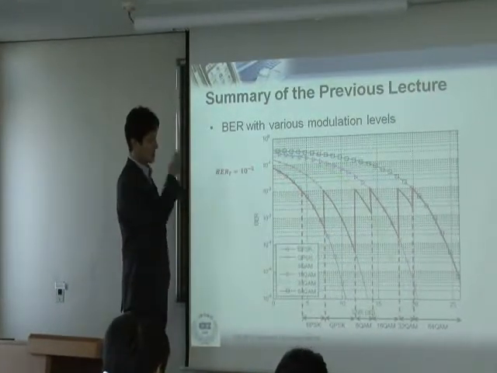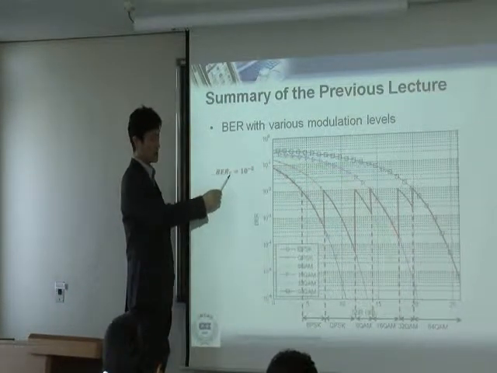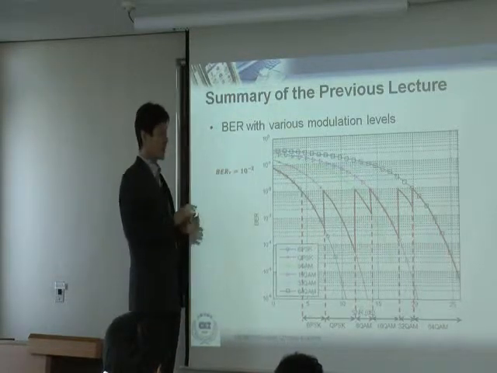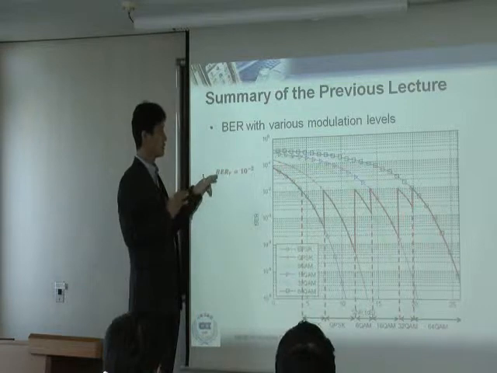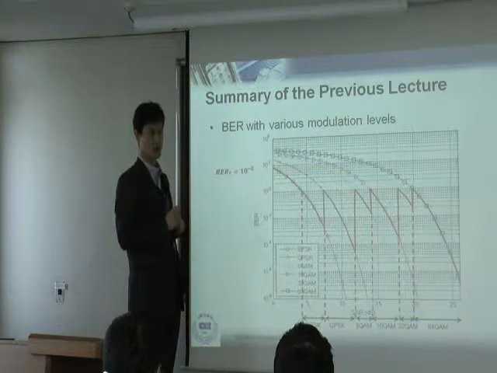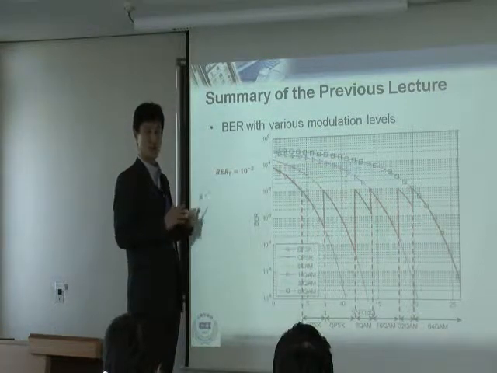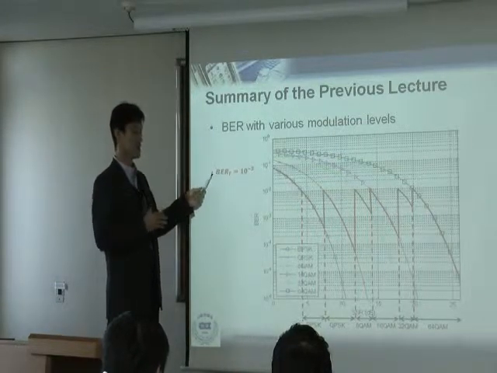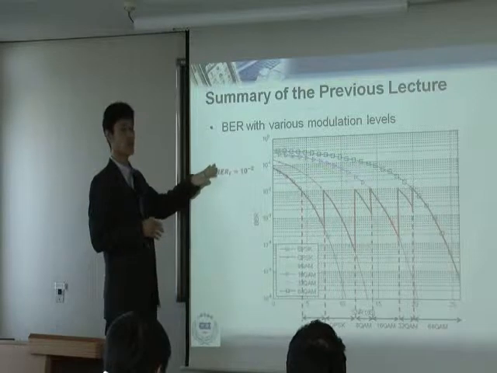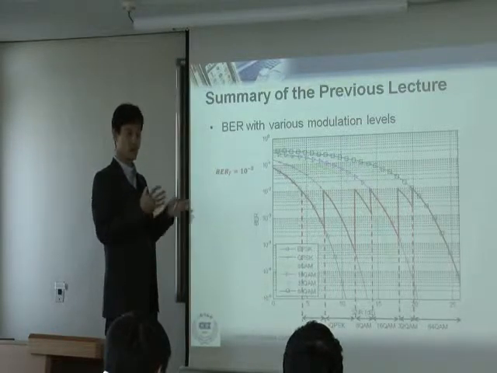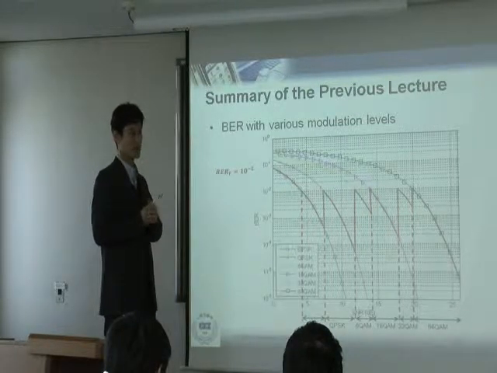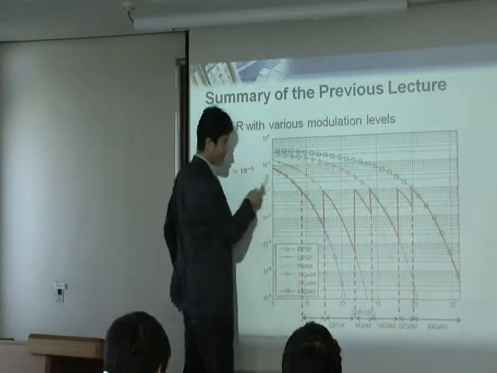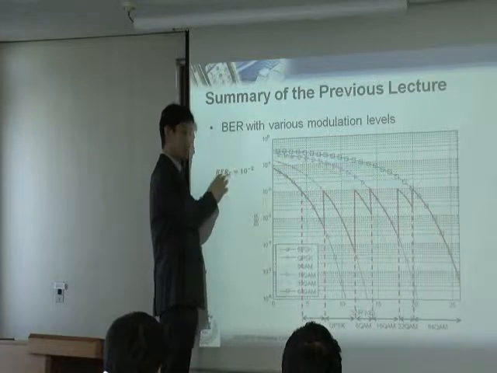In this case, I set the target bit error rate to 10 to the minus 2, which basically means that whatever happens, I always want to meet this bit error rate. I want my system to have lower than this bit error rate. This is the maximum bit error rate that I can allow. So as long as my bit error rate is lower than this, I'm good.